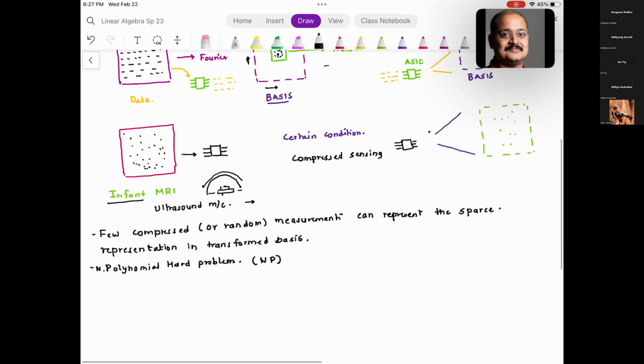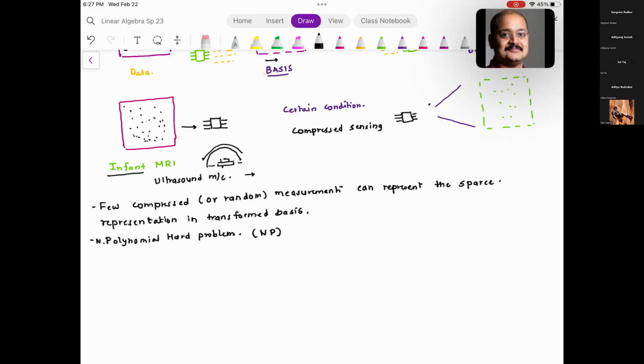We have these measurements y, and we have this matrix C, and we have this x. This x is called the state, y is called the measurement, and C is called the measurement matrix.